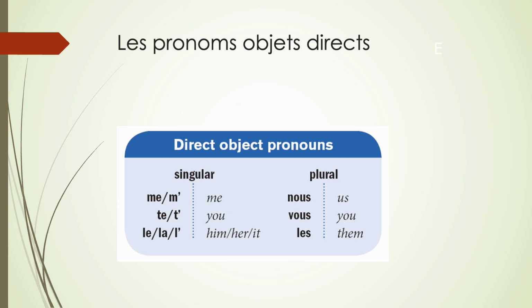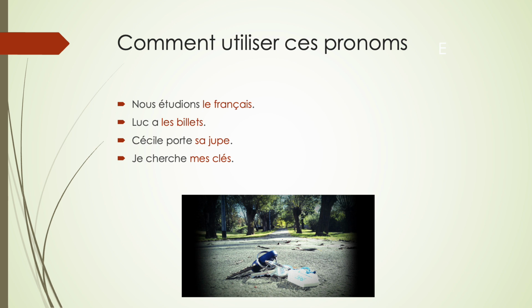Let's take a look at some examples. Look at this sentence. Nous étudions le français. The direct object is le français. It comes right after nous étudions. And so if we wanted to just say we study it instead of we study French, you would replace le français with the pronoun le.